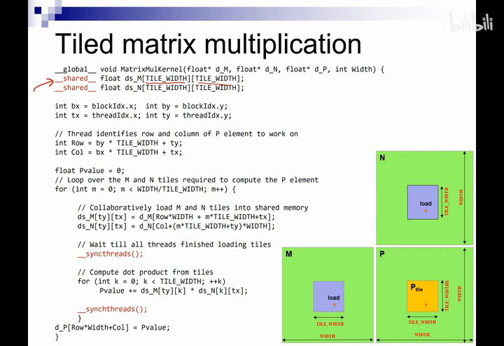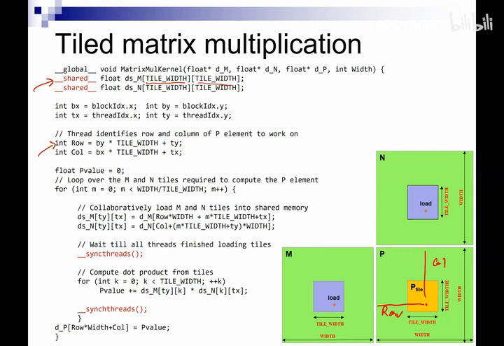Next, the threads have their block ID and their thread ID. We did these calculations in the last class. Each thread is going to process a row and a column, and to calculate that, we do this calculation over here.